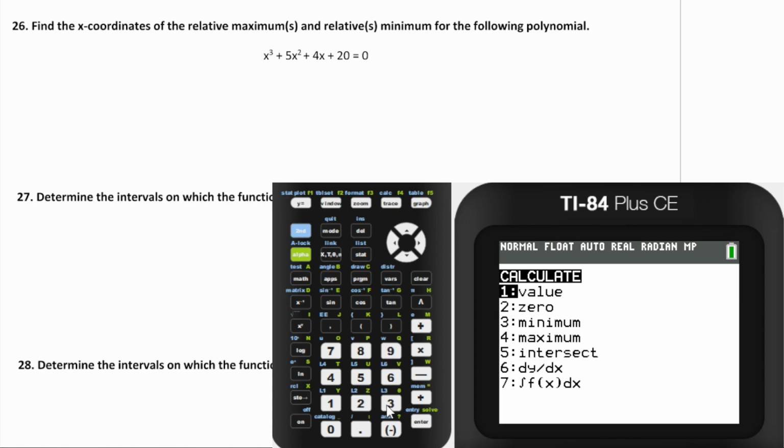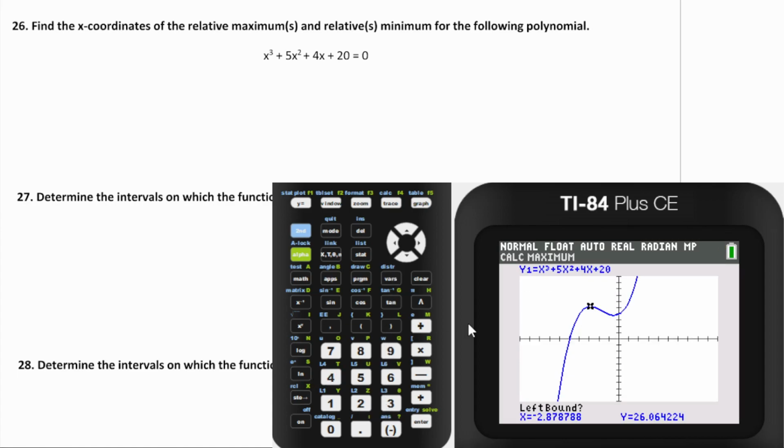so I'll do the maximum somewhere to the left of it, somewhere to the right of it. Give it a guess, and there we go. Alright, so the x-coordinate of the maximum, that's x equals -2.869.